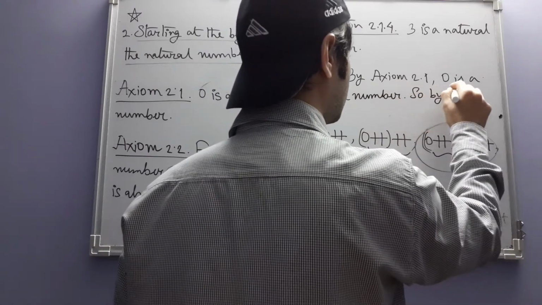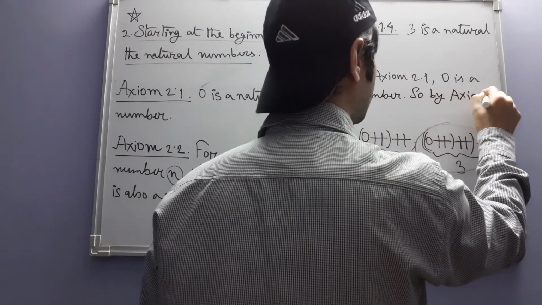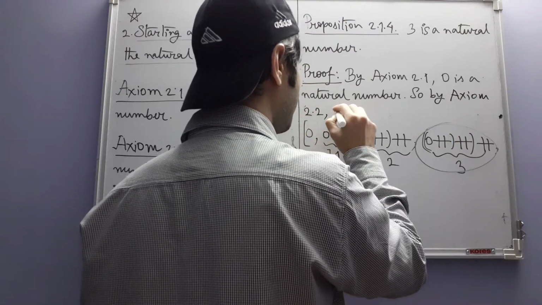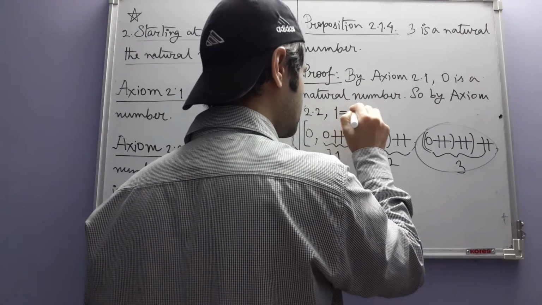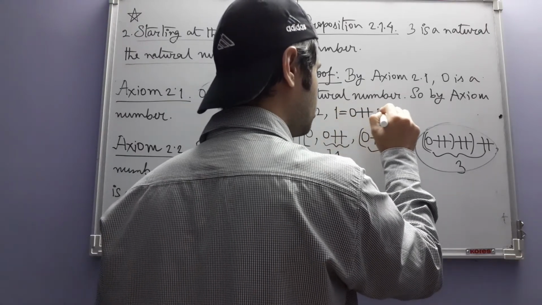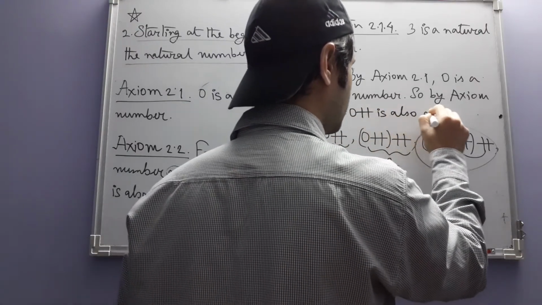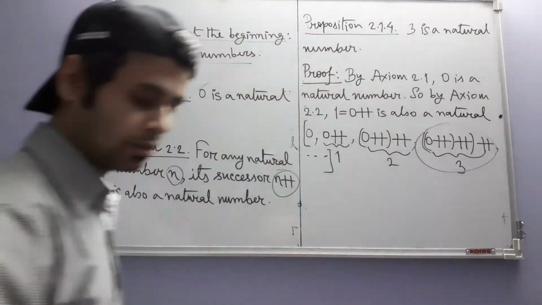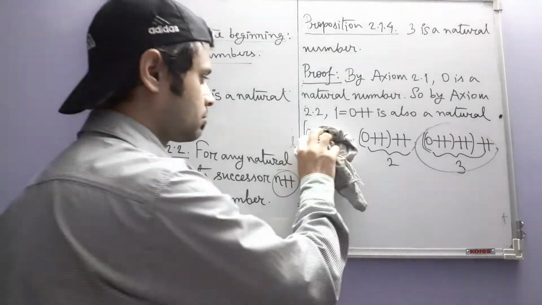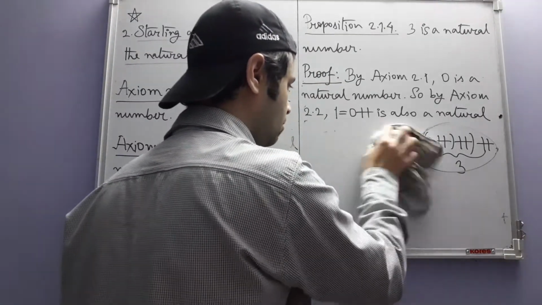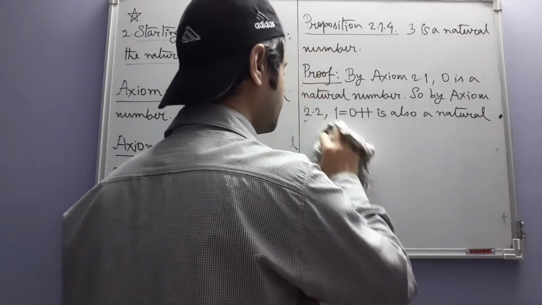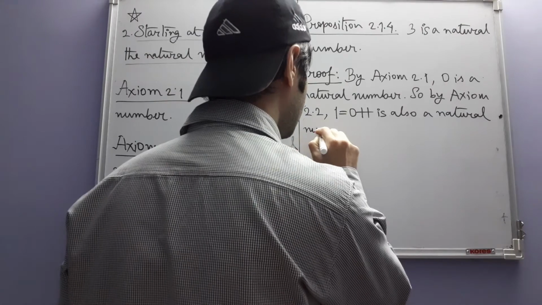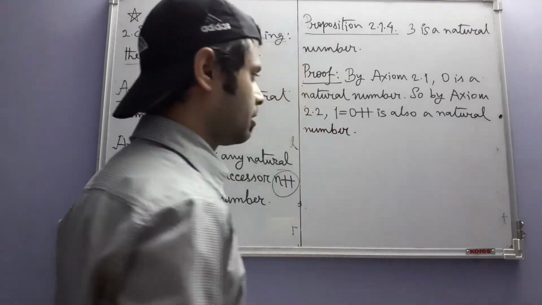So by Axiom 2.2, 1, which is the successor of 0, is also a natural number.